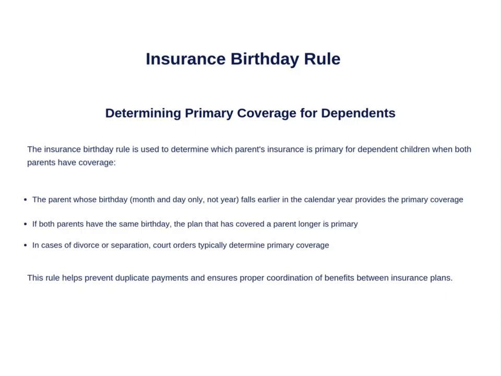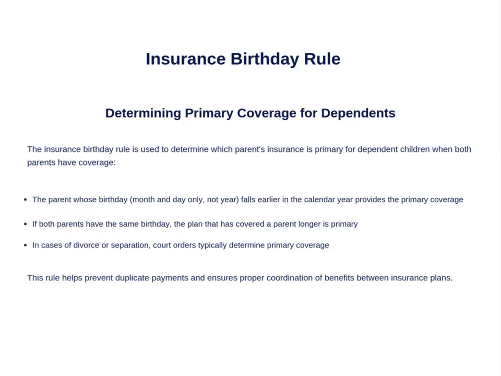So again, if both mom and dad have healthcare insurance on their child or their dependent, the primary coverage, meaning who's getting billed first, will be whichever parent's birthday, meaning their month and day, not the year, comes first.